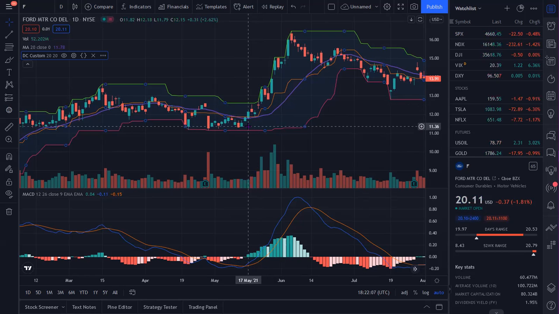Price also closed above its 20-day moving average here on the 17th. And on the 18th, you can see it's the second time it closed above its average in the channel. So there's a lot of good support here from the other indicators to open up a buy position within this time frame.